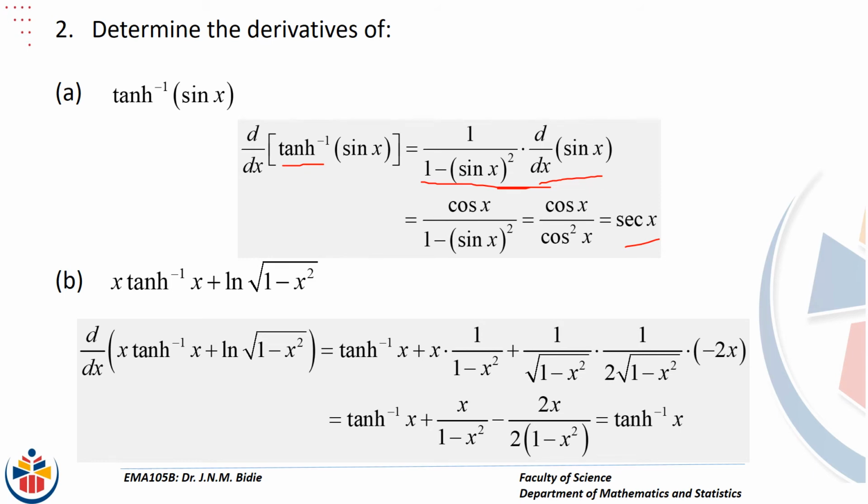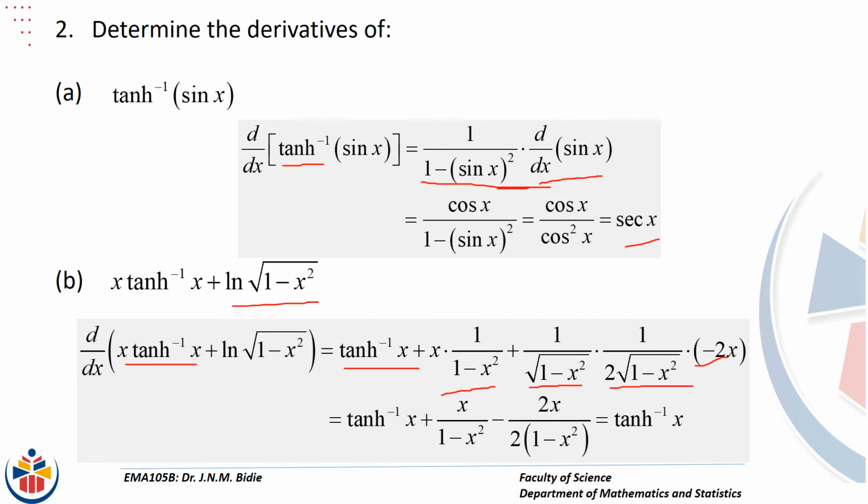B also still has arctan, but it's x of arctan x plus ln of the square root of 1 minus x squared. Product rule for the first term gives us arctan x plus x times 1 over 1 minus x squared, plus the derivative of ln of the square root of 1 minus x squared, which is 1 over the square root of 1 minus x squared for ln multiplied by the derivative of the argument of ln, which gives us 1 over 2 square root of 1 minus x squared times negative 2x.